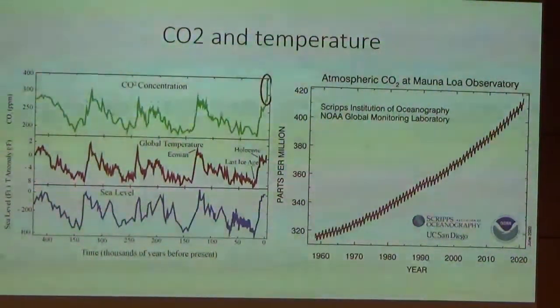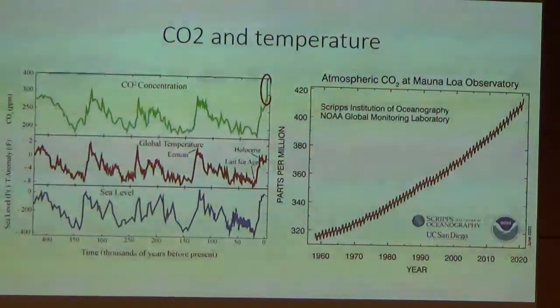We have this isotope ratio of oxygen, where you can deduce the temperature when these minerals were formed and so forth. Using a number of different techniques, they can find out what the temperature has been and what the CO2 concentration has been. And you see there is an alarmingly well correlated graph.